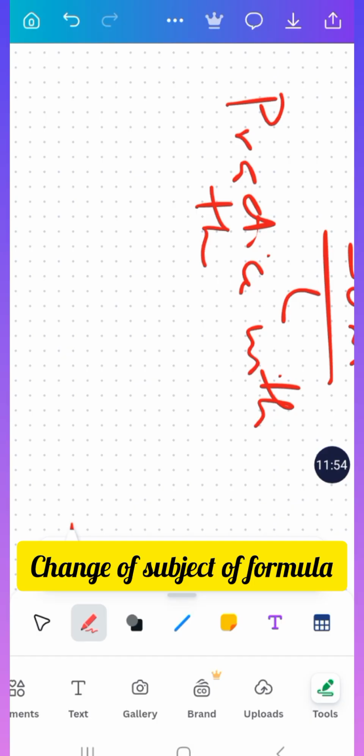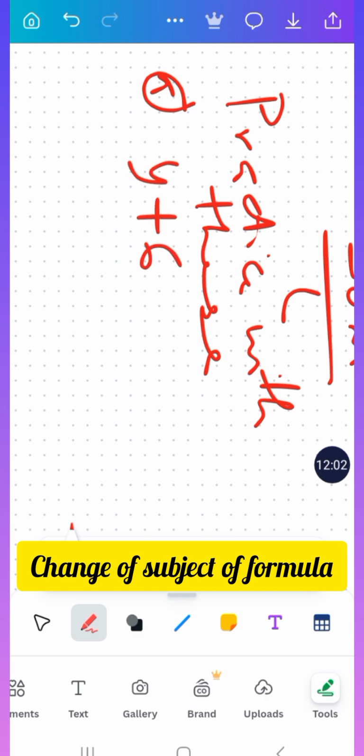Practice with this. Okay? So my first question is y plus 6 equals 18m. Make y the subject of the formula.